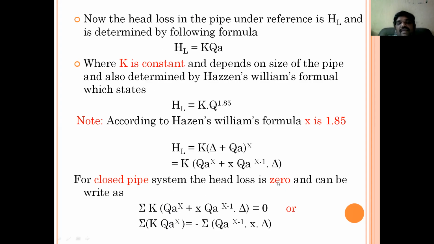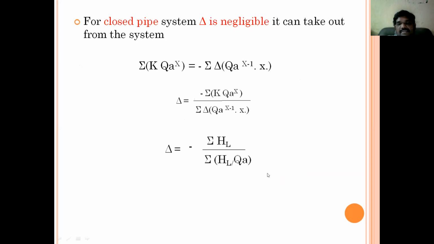It can be written as sigma K QA power X equal to minus sigma K X QA power X minus 1 into delta. Hope you understood how it comes. Simply we are applying the binomial expansion. And here for a closed pipe system, delta is negligible, so we are just taking out this delta factor.